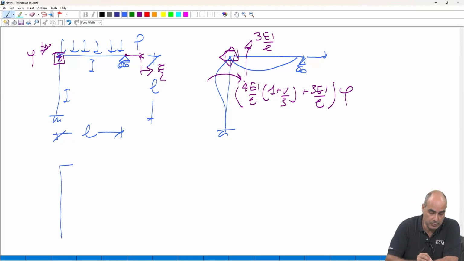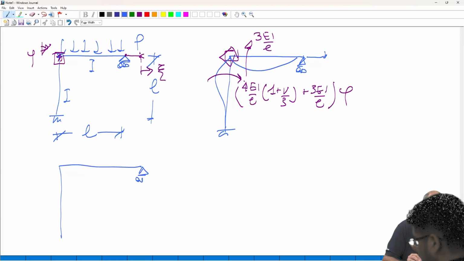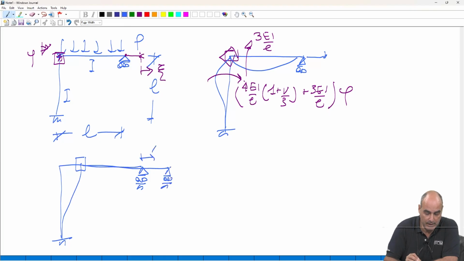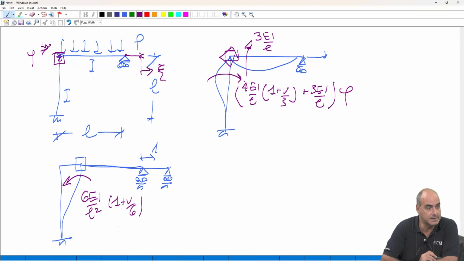But then I also have another situation in which I am moving this by 1. And here the moment which arises is 6EJ over L squared (1 plus n over 6).